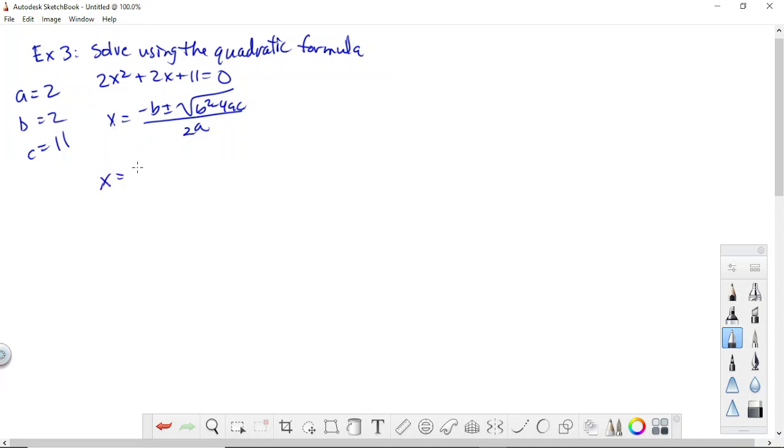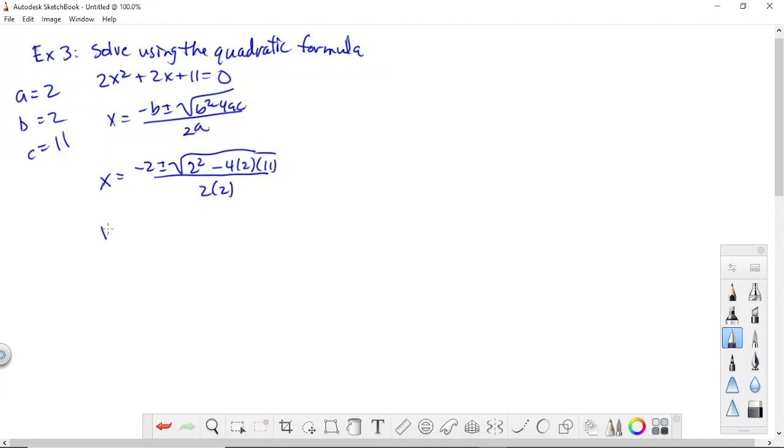Okay, x equals negative b, which is negative 2, plus or minus the square root of b squared. I'll write that as 2 squared, minus 4 times a, which is 2, times c, which is 11. Okay, and that's all over 2a, that's 2 times 2, because a is 2.